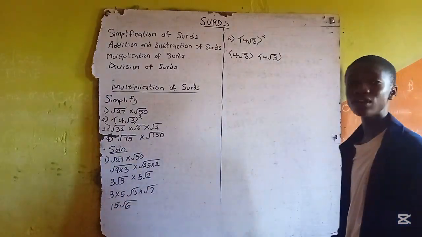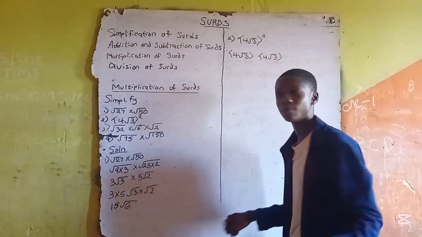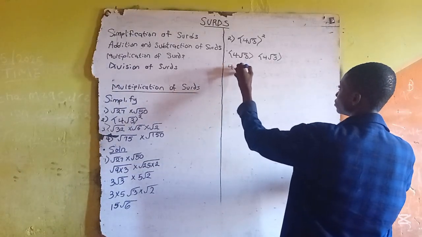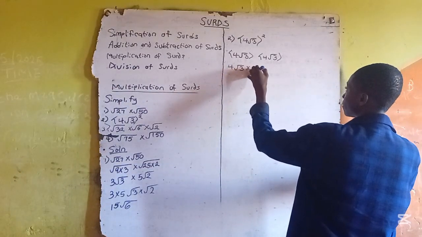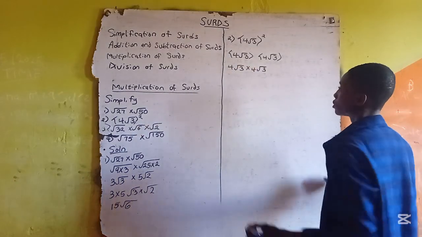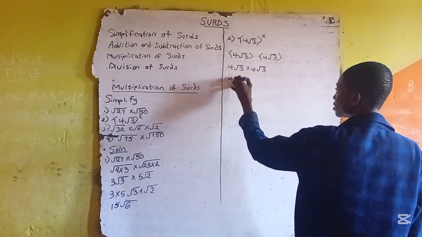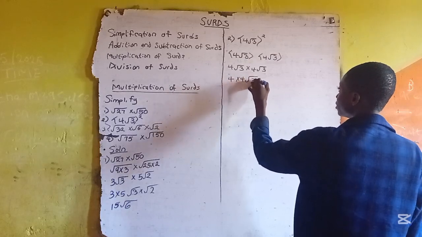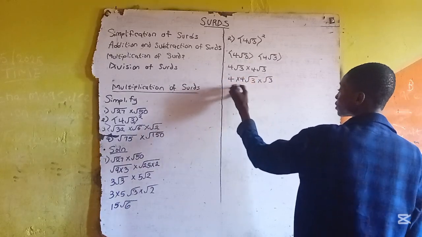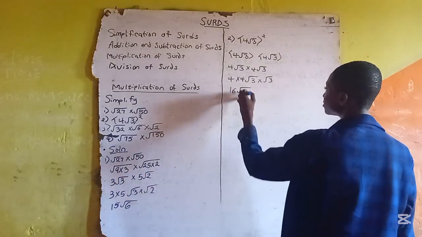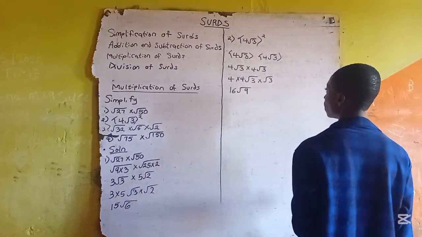So now we all know that brackets mean multiplication. Let's remove the bracket and replace it with multiplication. Now we multiply the whole numbers first, then multiply the roots. 4 times 4 is 16. Root 3 times 3 is root 9.